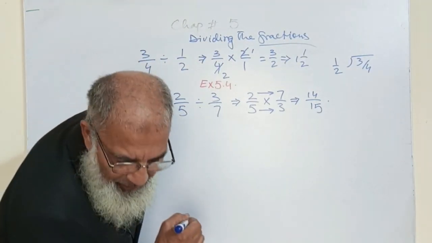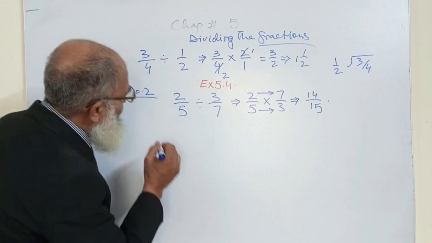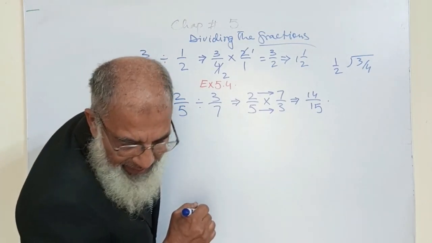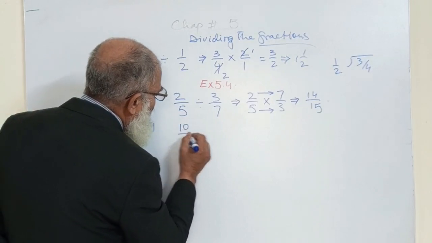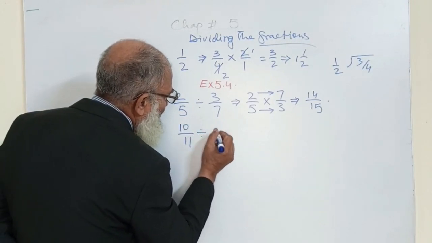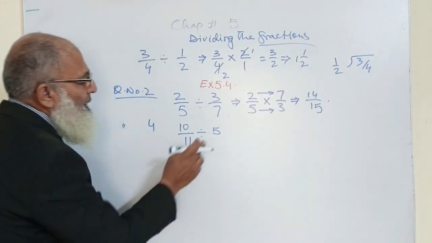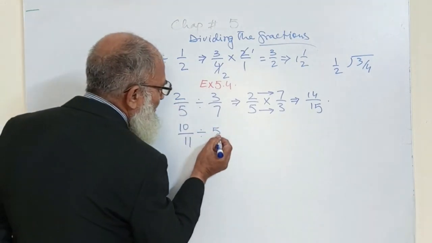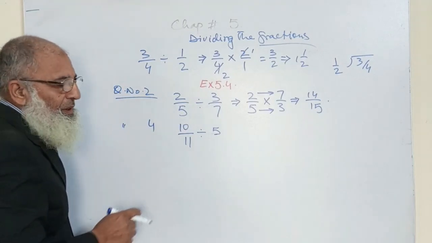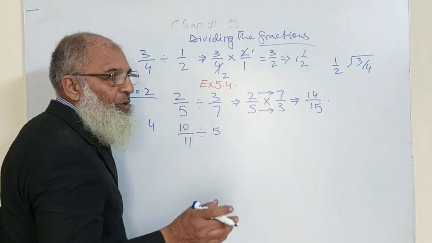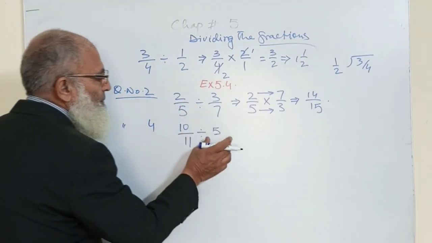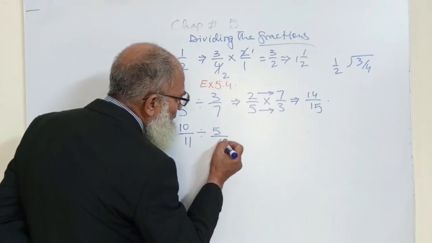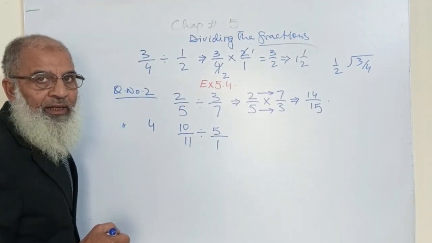Now let me do the fourth question. Question number 4 is 10 upon 11 divided by 5. Now you see that this is a single 5 written over here, or you can say that this is a whole number. When you come up with a whole number and you need to have a fraction, what do you do?